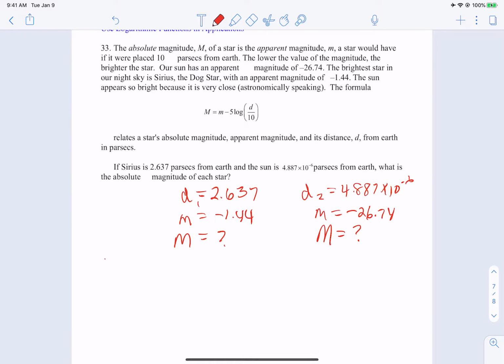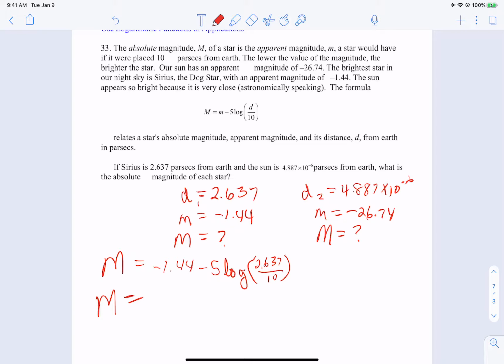And so for Sirius, for the dog star, that is going to be -1.44 minus 5 times the log base 10 of 2.637 divided by 10. Okay, so let me enter that into a calculator. Let's go 3 decimal places because that's the most I see in this problem, and so we'll just continue with that.